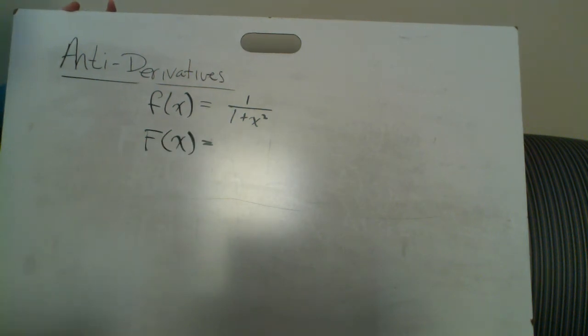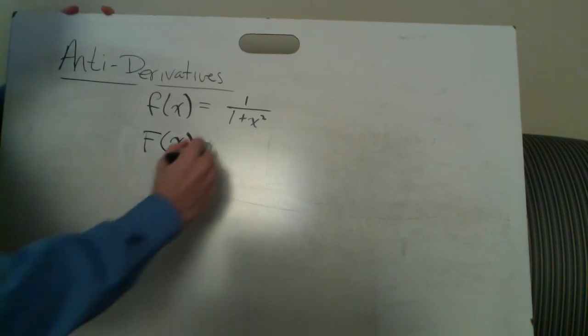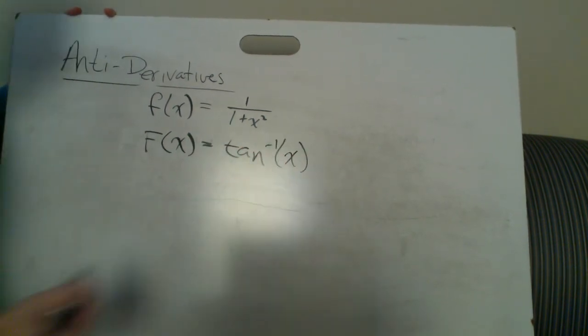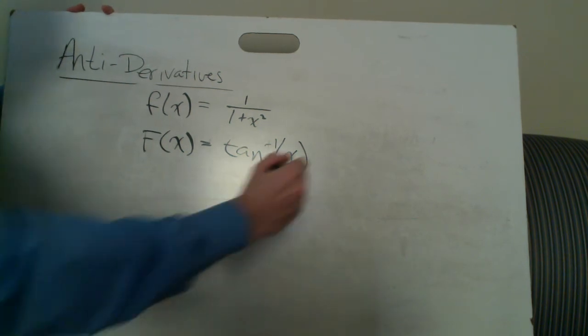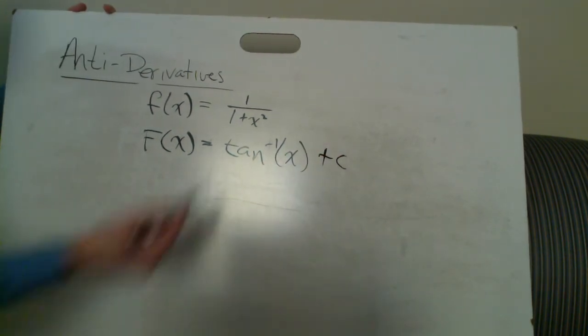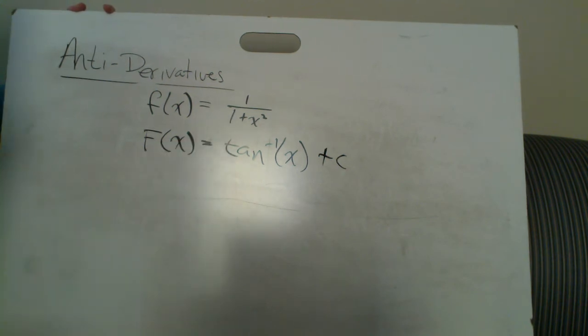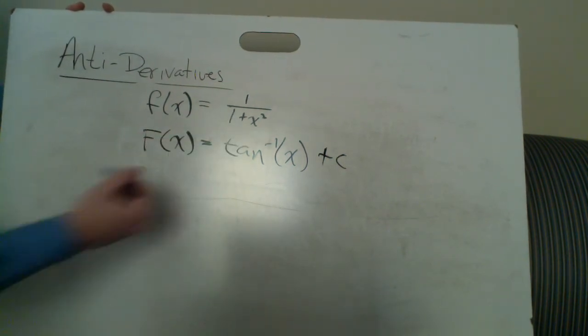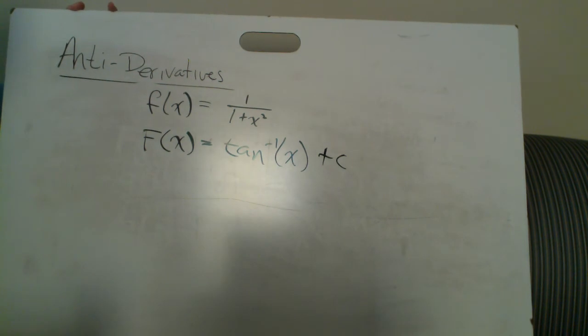Can you remember what function that is? Hopefully, you were able to tell me that that function was inverse tangent, and then of course we'll add the plus c. We recall that the derivative of inverse tangent is 1 over 1 plus x squared, so the antiderivative of 1 over 1 plus x squared must be inverse tangent.